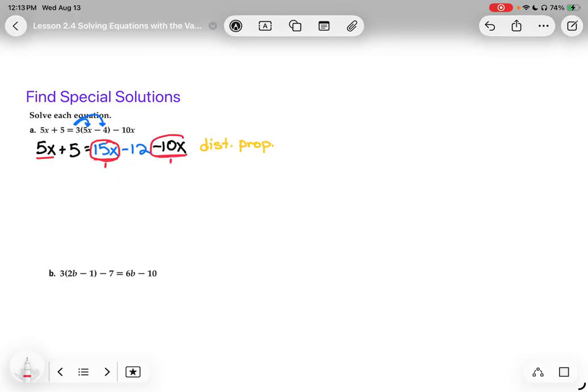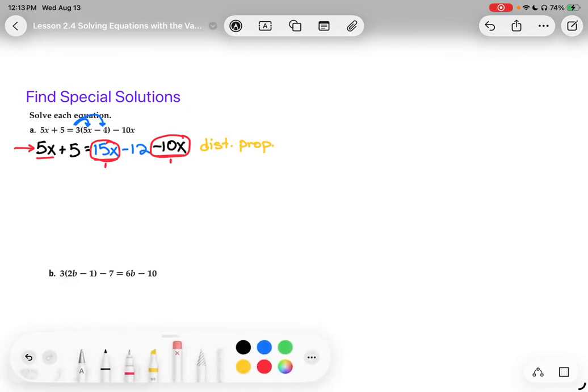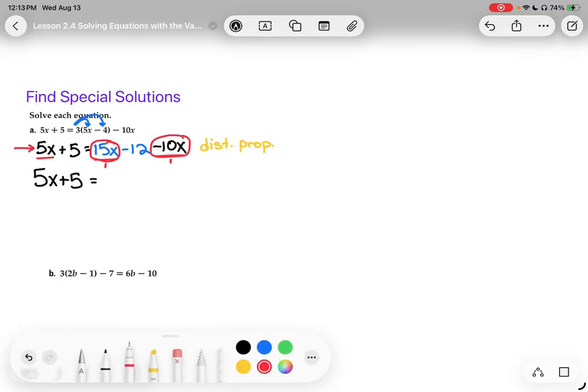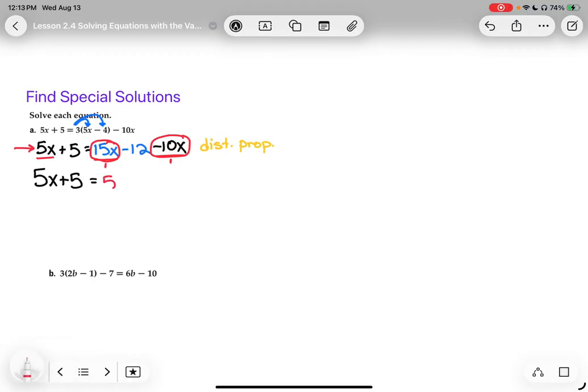We cannot combine terms on opposite sides of the equal sign, so this 5x over here cannot be combined. So we leave our left side alone for now, as 5x plus 5. On our right side, 15x minus 10x is 5x.